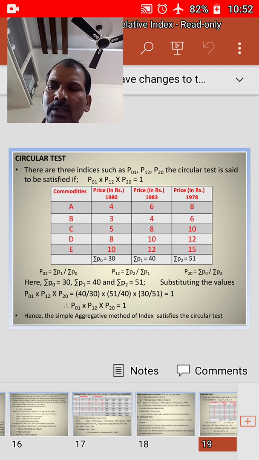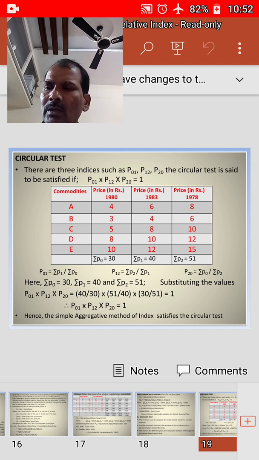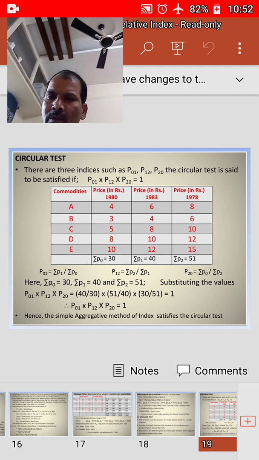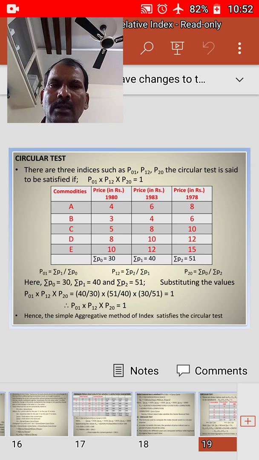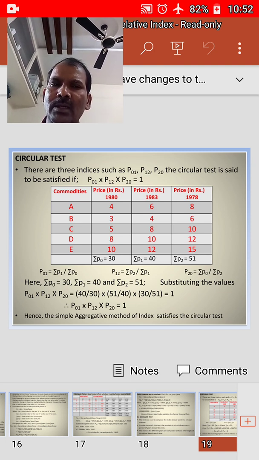Commodities A, B, C, D, E are given, and prices of 1980 and prices of 1983 are also given. Okay, there is a small correction we need to make.